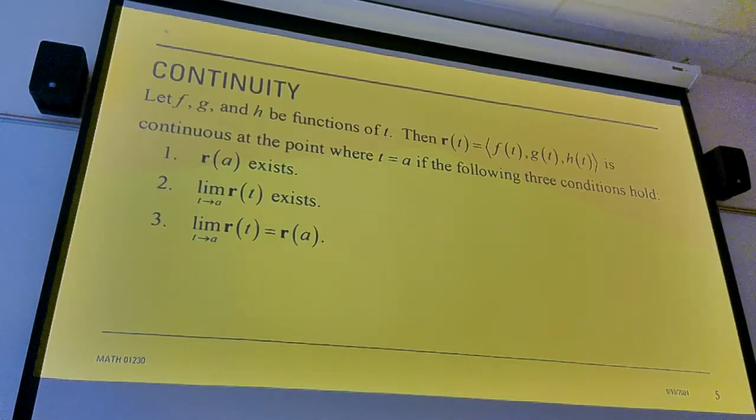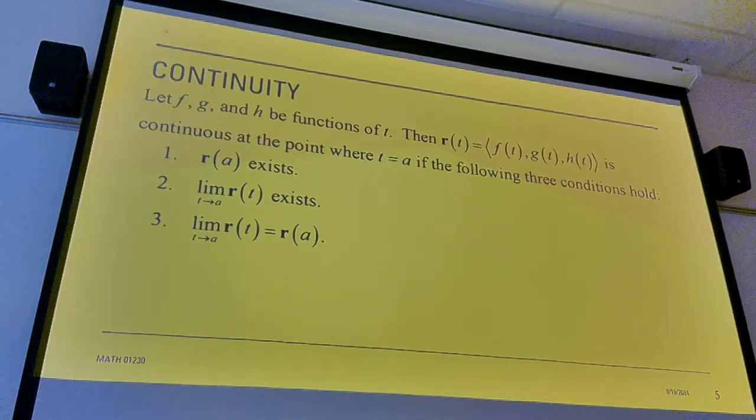Which should be easy to see because each of the three components has to satisfy those three criteria. So f of a, g of a, and h of a all have to exist simultaneously, meaning r of a exists. The limit of each component has to exist, which means the limit of the vector exists.